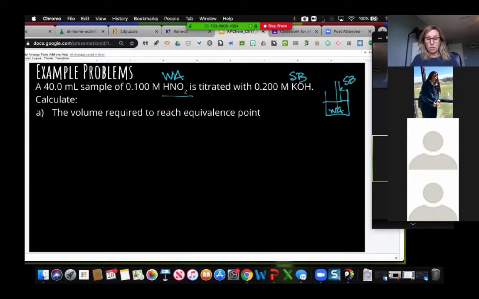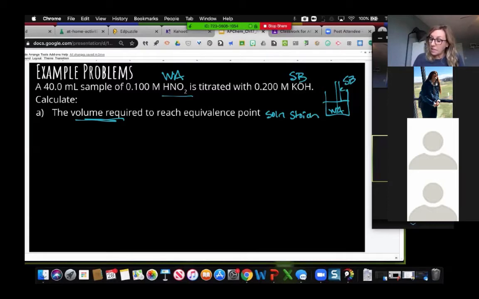The first question is, what is the volume required to reach the equivalence point? It's not asking about pH, so like I said on that previous slide, if they want to know concentration or they want to know volume, this one we're going to do solution stoichiometry. You're going to start with the one that has more information.